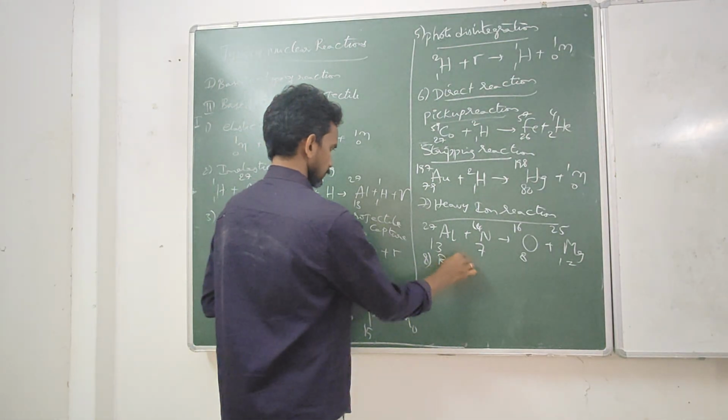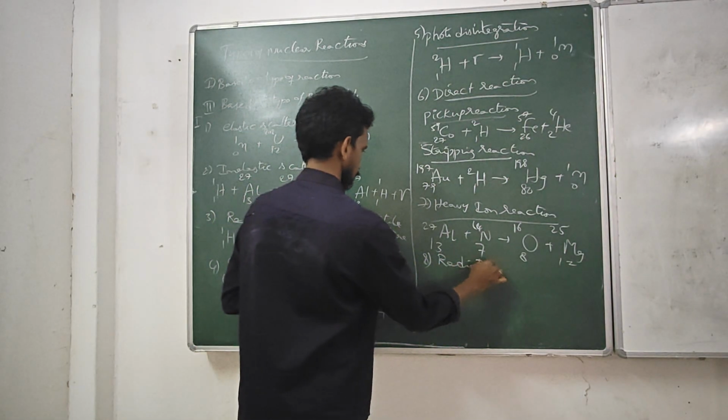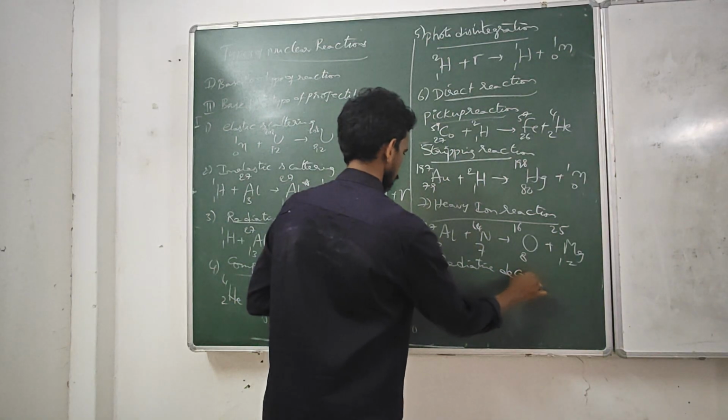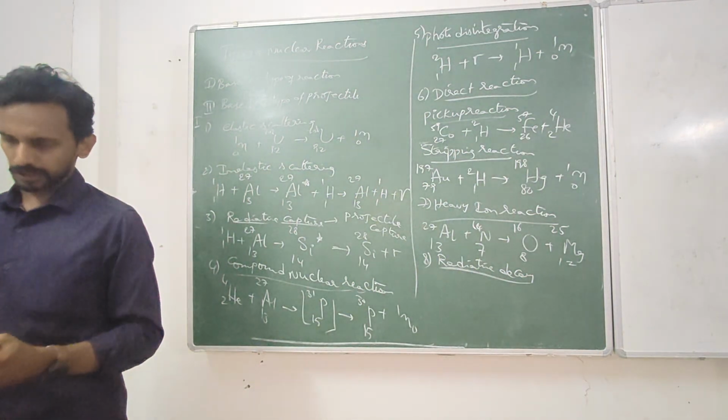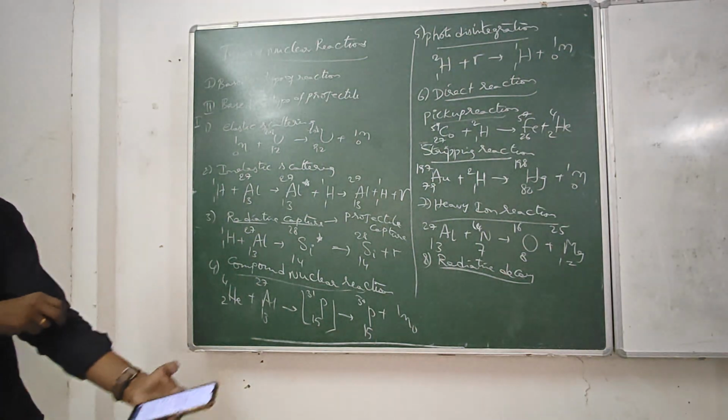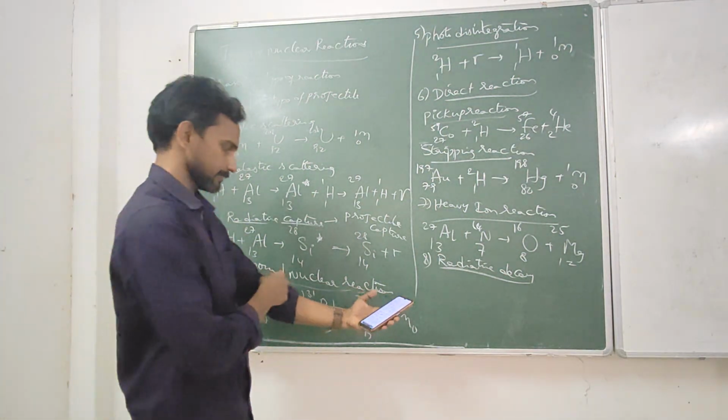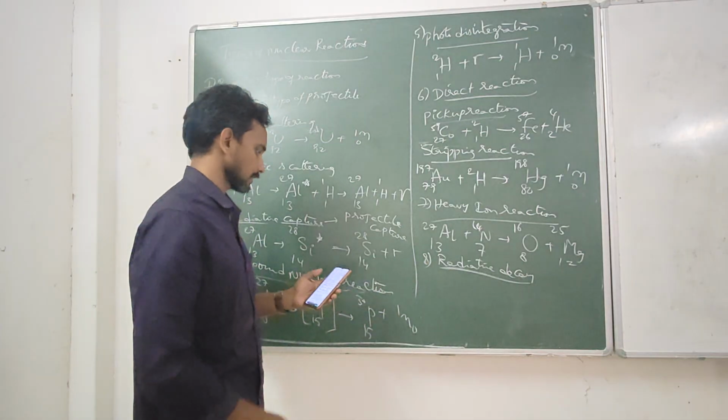Next one is radiative decay. So this is the starting point for nuclear physics experiments like alpha decay, beta decay and gamma decay.